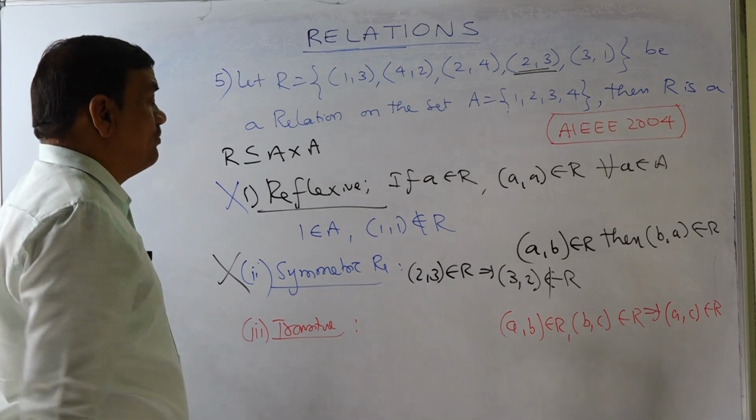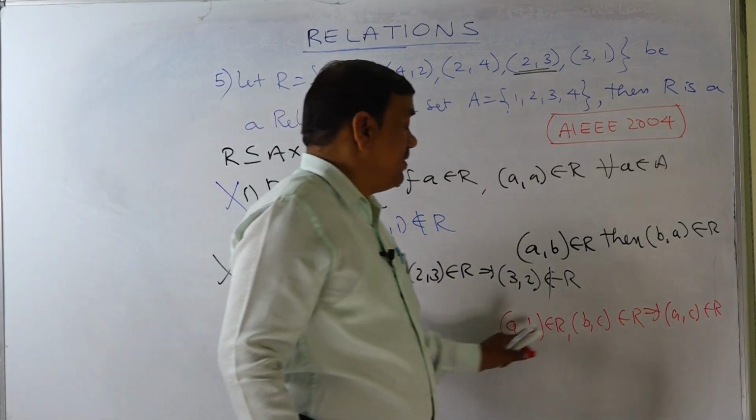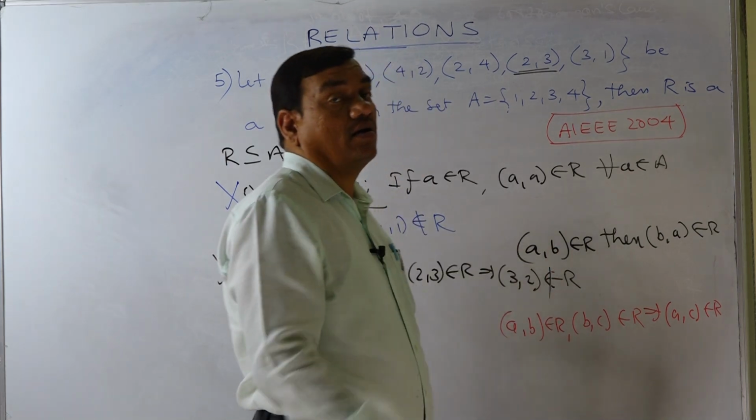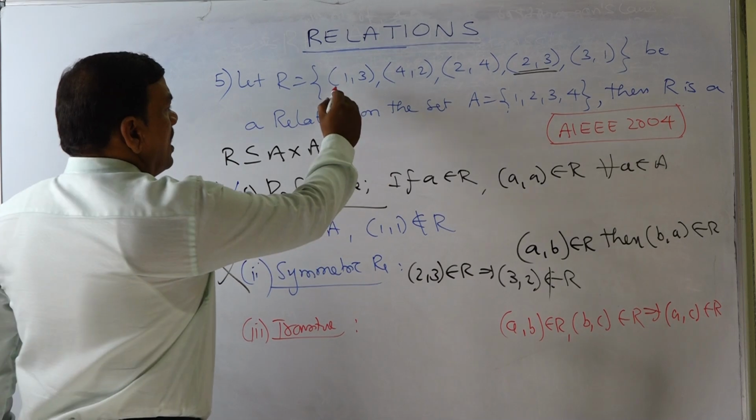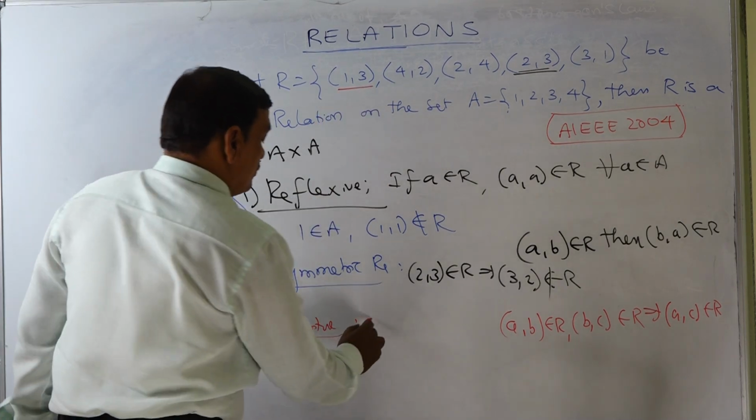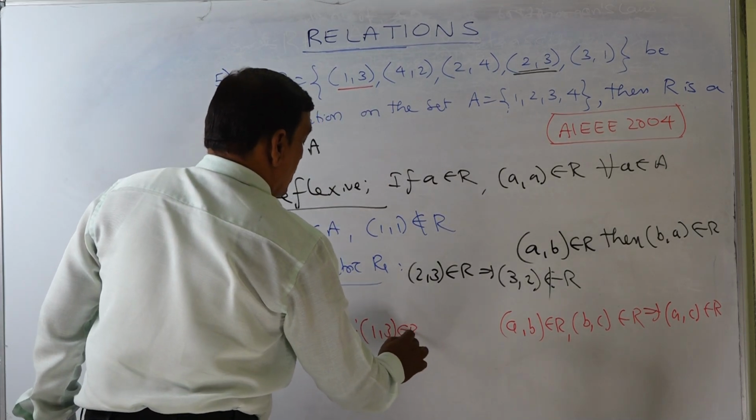Okay. For example, that means what? First A comma B, B comma C should be in R. If you observe here, 1 comma 3 belongs to R, right? 1 comma 3 belongs to R.